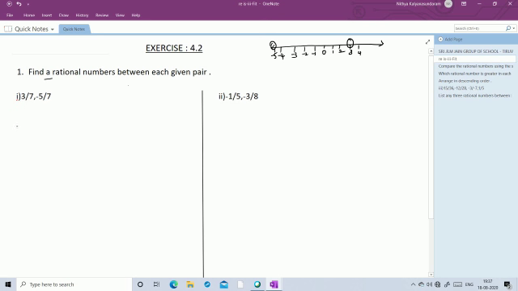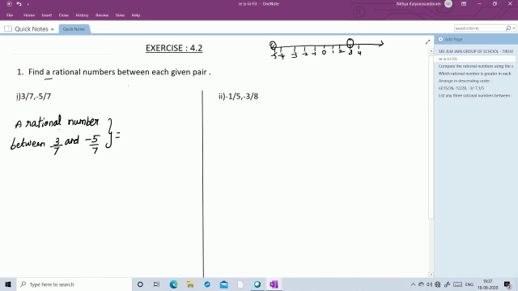So a rational number between 3 by 7 and minus 5 by 7 is... In this you can choose any number in between. So minus 4 by 7, or minus 3 by 7, or 0 by 7, or 1 by 7.